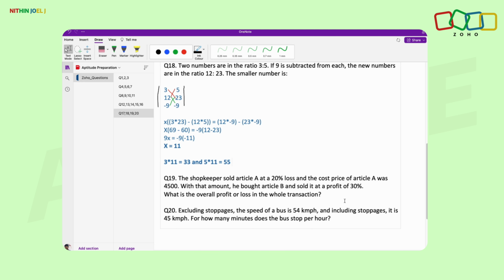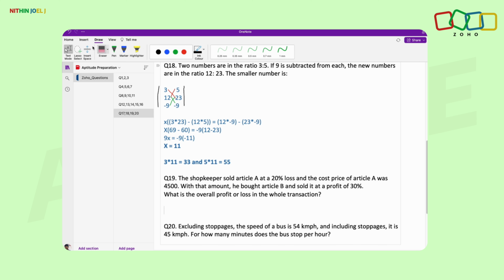So the 19th question. The shopkeeper sold article A at a 20% loss, and the cost price of article A was 4,500. With that amount, he bought article B and sold it at a profit of 30%. What is the whole transaction? So the shopkeeper has a cost price of 4,500.